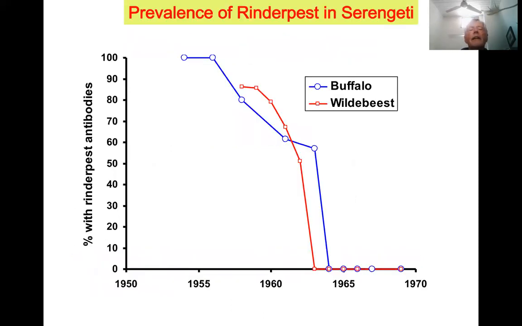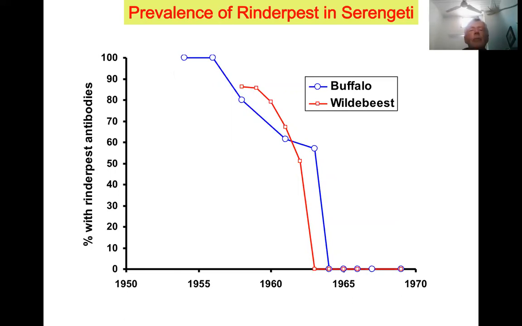So here are some data just to show you how dramatic this effect is. This shows you the prevalence of rinderpest, through serosampling of both African buffalo in blue and wildebeest in red. And you can see that up until about the late 1950s, virtually every animal that was still living in that system was infected or had been exposed.